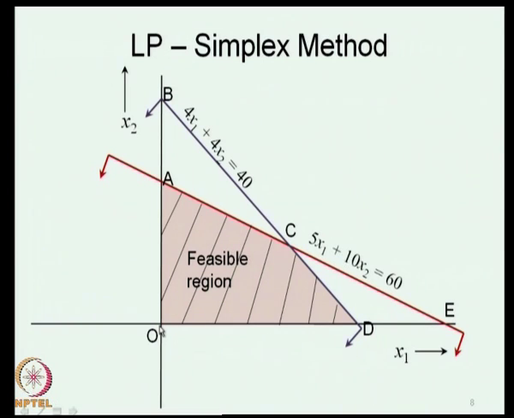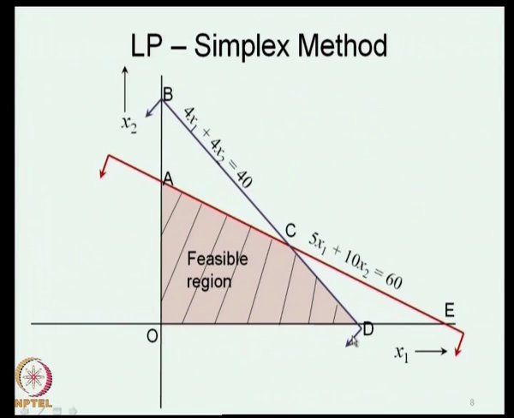We identified O, A, B, C, D and E as the corner points of this particular space. O is the origin and then you have A as the intersection between this constraint and this axis and so on. So, these are the corner points.